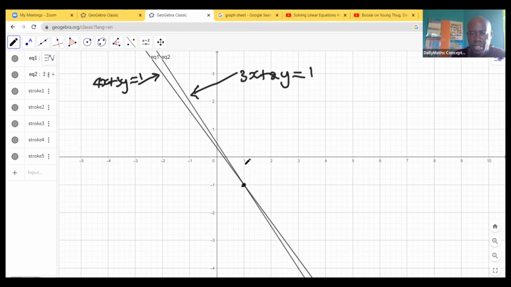You look, this is where 1 meets -1. So the coordinate is 1, -1. All right. So here are the numbers right there. So that's what we're saying, that when you solve linear systems, you're actually looking for where the two lines intercept each other. The coordinate is the solution. That's the x and that's the y.